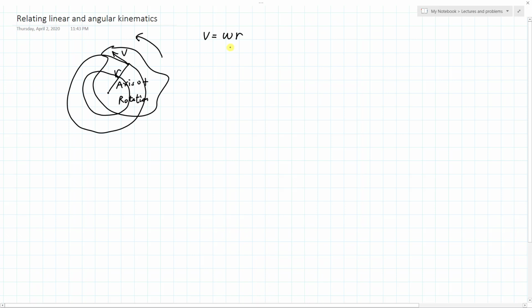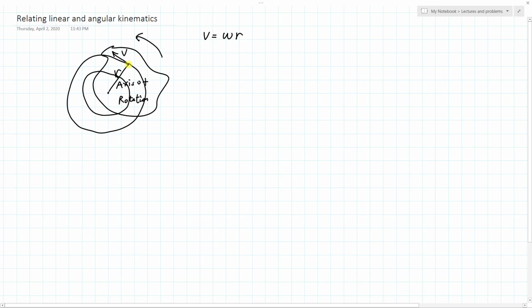What's actually also very interesting is what if this rigid body is accelerating. So this works whether you see any acceleration or not. But what if there is an angular acceleration? So the object is rotating faster and faster. That means this point here has to complete this circle within a shorter and shorter amount of time.